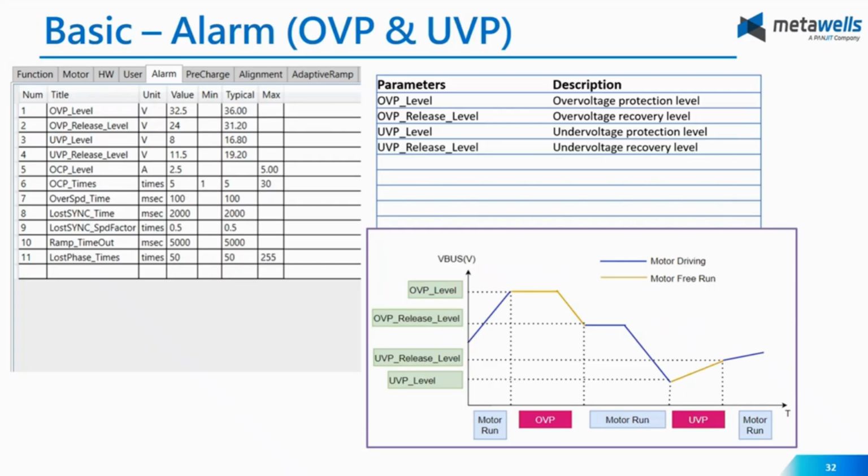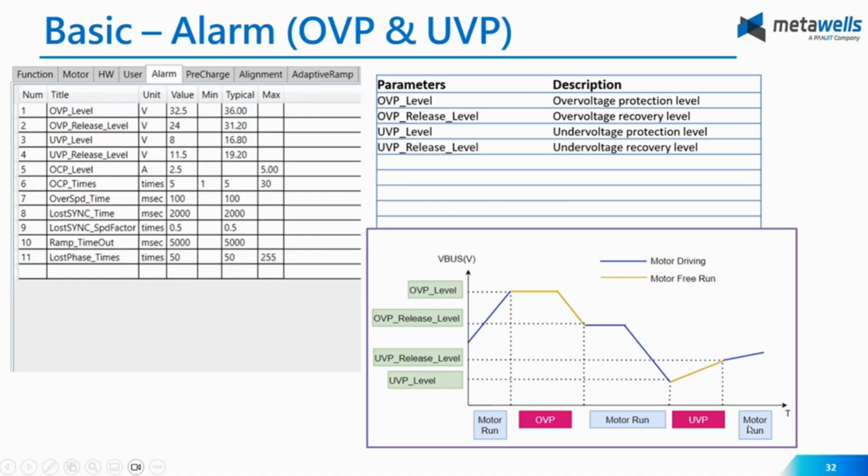This page explains the relationship between over voltage protection and under voltage protection, as well as the recovery, or we call it release, function. Please refer to the diagram to the right here. In this chart, the vertical axis is VBUS, the bus voltage, and the horizontal axis is time.